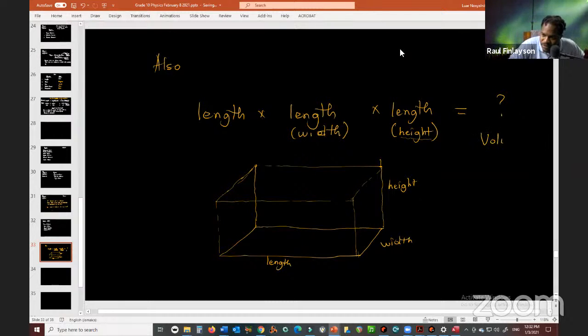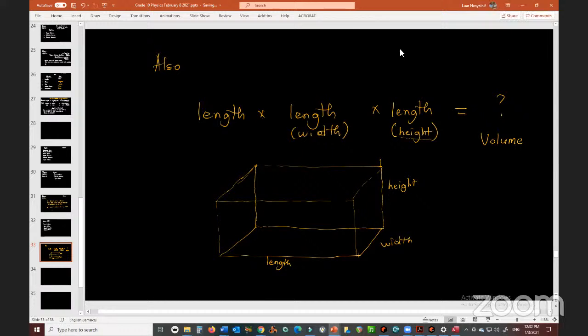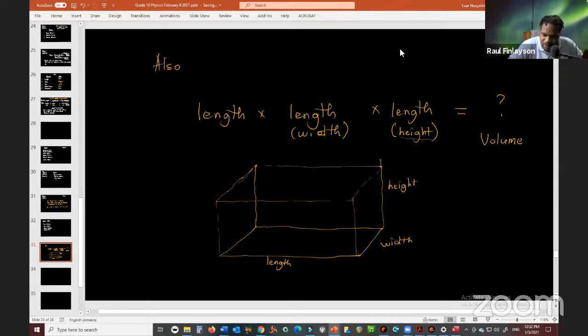When I write the answer here, that's called volume. All right. Anybody ever hear about volume before? Yes, sir. All right. So length times width times height is volume. And volume is a derived unit. All right, derived unit. So it's another derived unit.